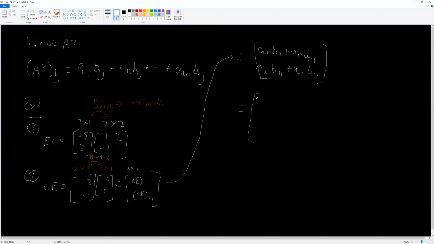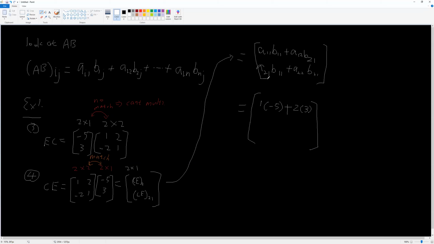Let's go ahead. A11, B11. A11 is right here, B11 is right here. So I have 1 times -5 plus A12, B21. A12 is a 2, B21 is a 3, so 2 times 3.